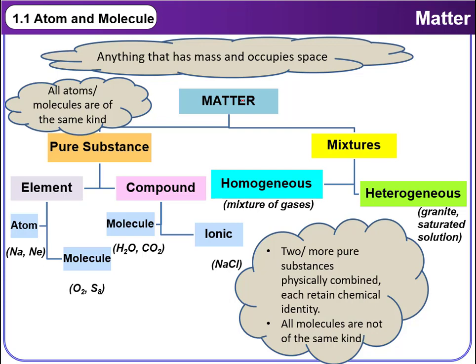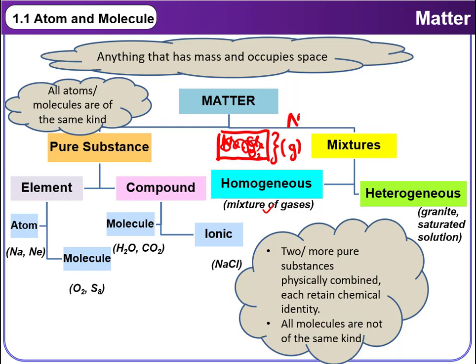What is homogeneous? Homogeneous denotes a process involving substances in the same phase. So, if let's say you have one container contain N2 gas, Cl2 gas, O2 gas, so they all mix up together to form the mixture of gases. So they are all in gas phase.